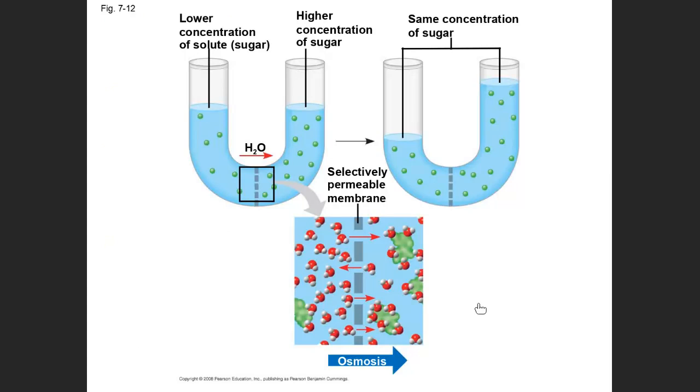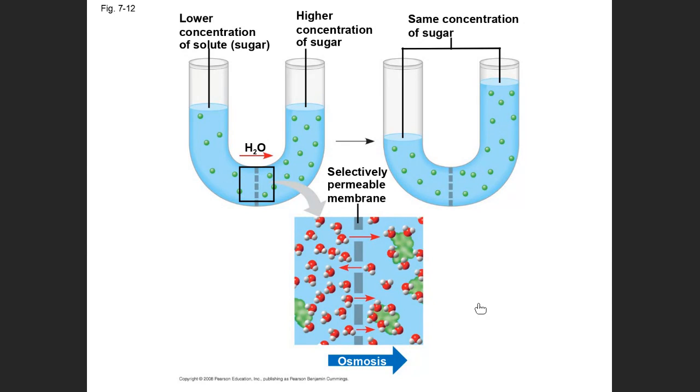So we're trying to achieve equal concentrations on both sides of the membrane. Whether you choose to think about equal concentrations of water, which is a solvent, or equal concentrations of the solute, whatever that is that's dissolved in the water, either logic works.